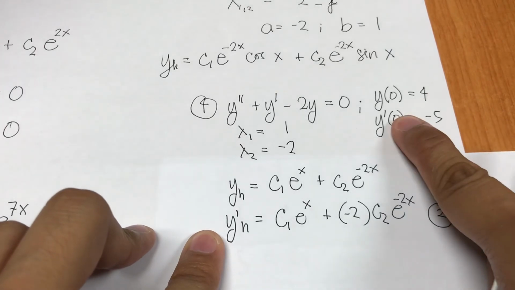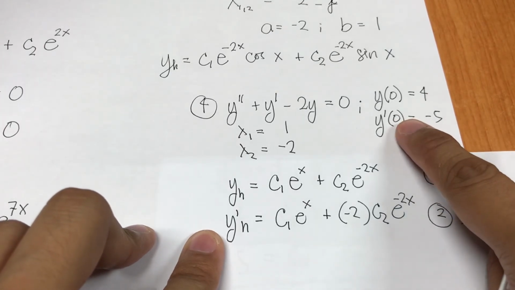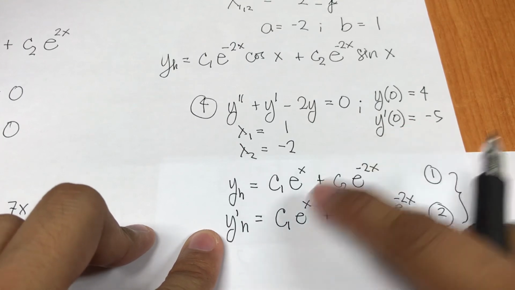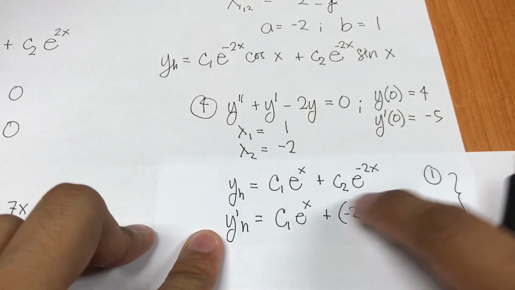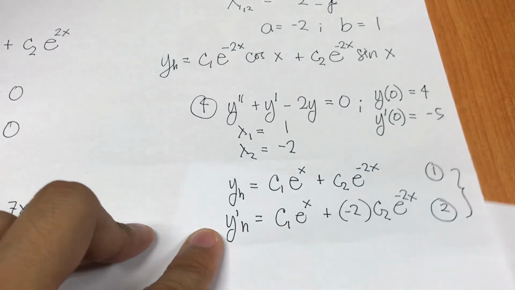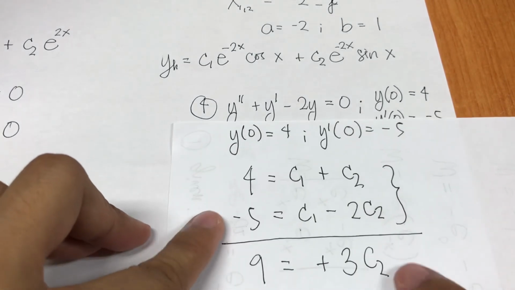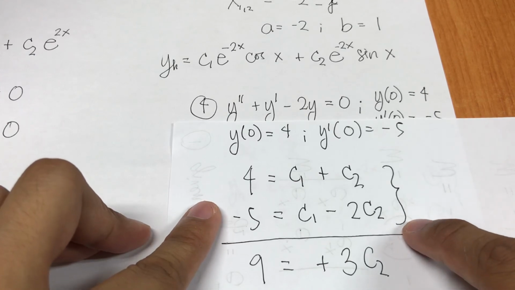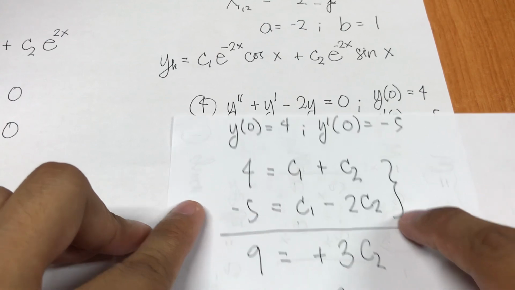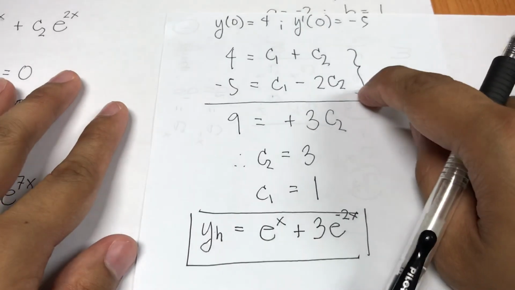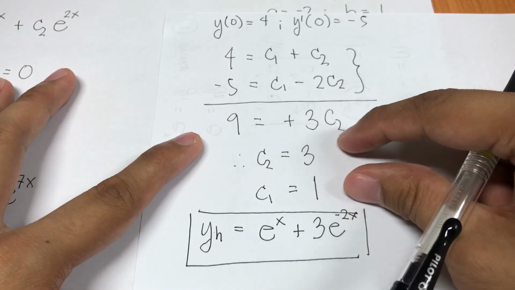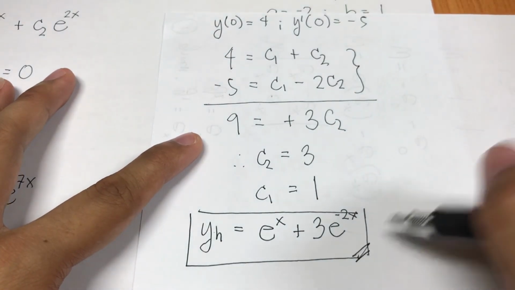Here we were lucky that all the x's are 0, so the exponential terms all become 1, and we are left with this. Simultaneously solving for the variables c1 and c2, the answer is 3 and 1. Substitute back into the original equation. This is our final answer.